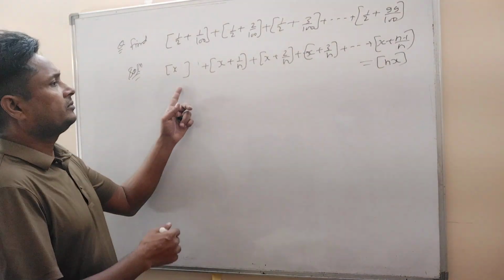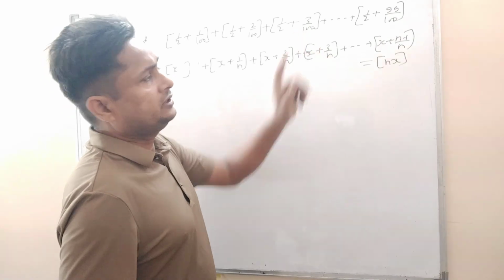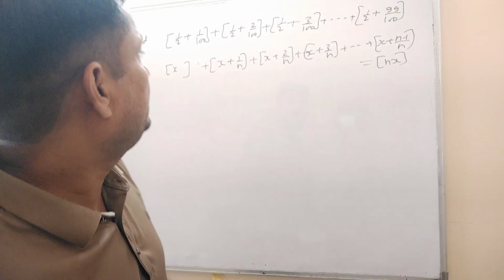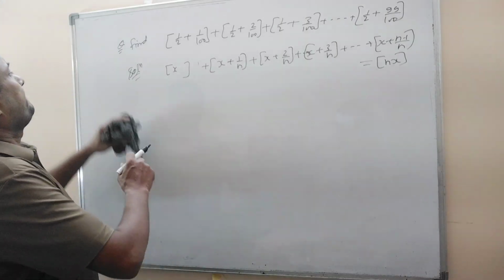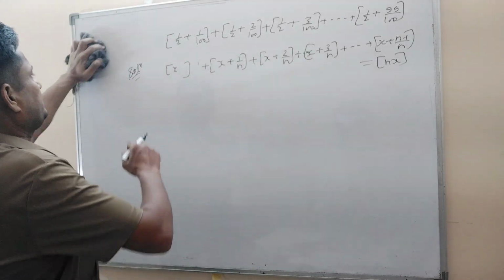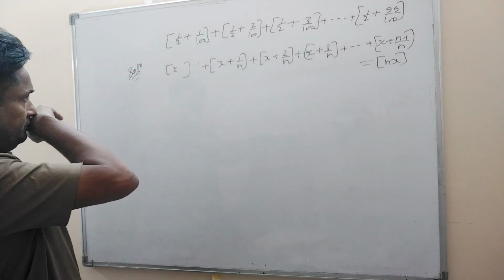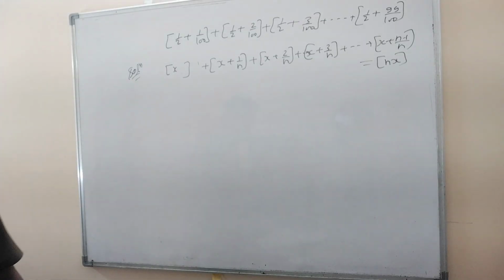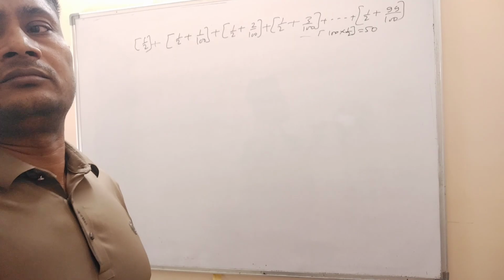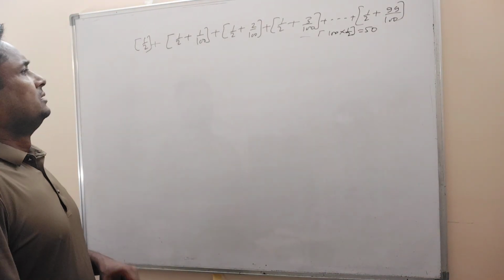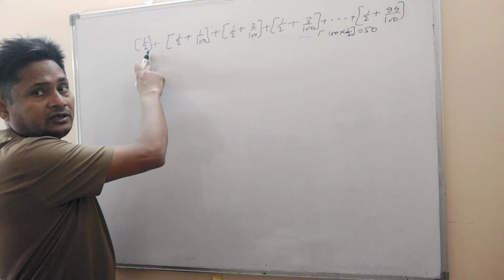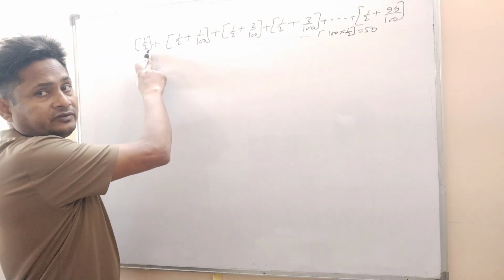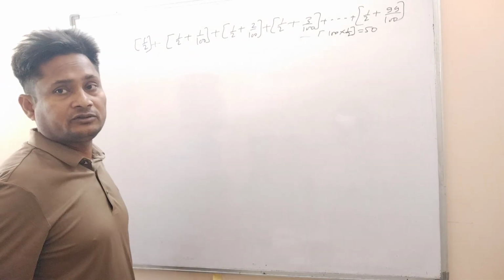Now use this property in this question. Now to solve this question, you can add this value here, greatest integer of 1 by 2, because greatest integer of 1 by 2 will be 0.